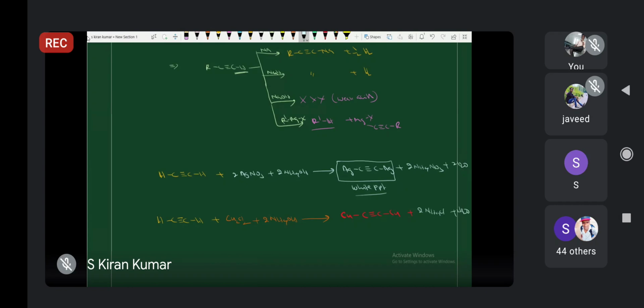See, this is the copper acetylide. Red precipitate, copper acetylide. So these two reactions are also very important.